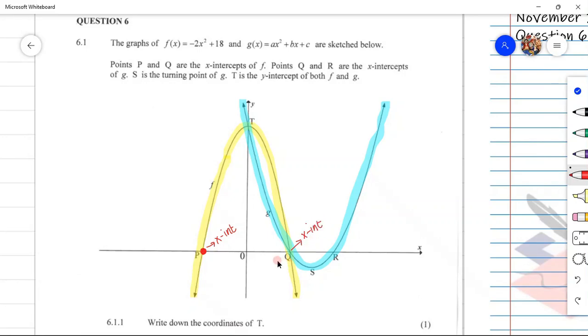Now, if you notice, Q is a point of intersection between our f and g graphs. So that means that Q is also the x-intercept of g. So points P and Q are the x-intercepts of f, points Q and R are the x-intercepts of g. So R is also an x-intercept. S is the turning point of g, so this is S. This is our turning point.